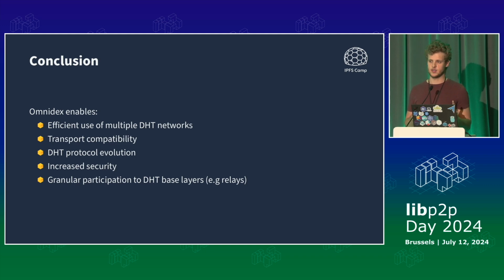It can increase the security for all DHT participants in global layers. And it also allows more granular participation in smaller subsets of the DHT features, without having to run a full node and participate in all the DHT features of a network if you just want some smaller benefits. And so, yeah, that was Omnidex.